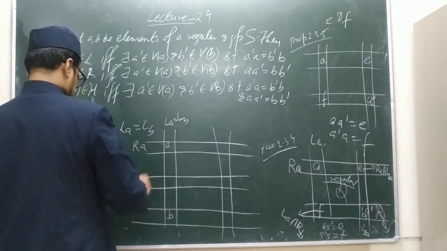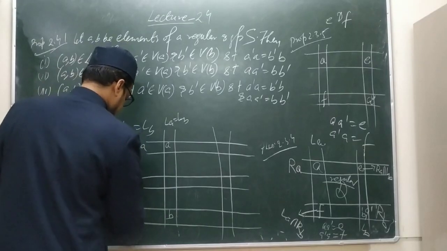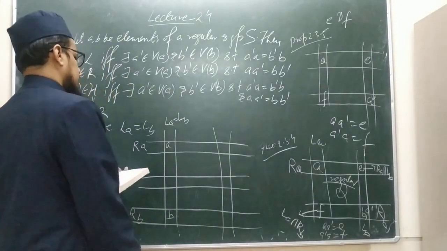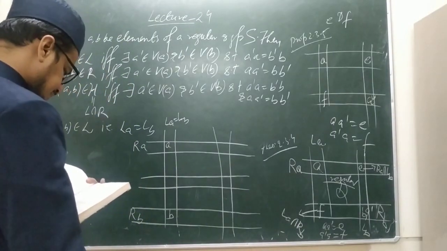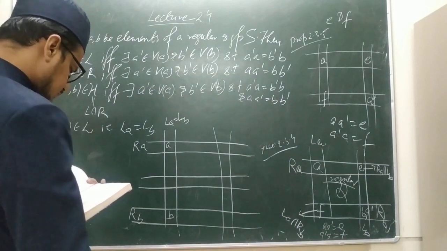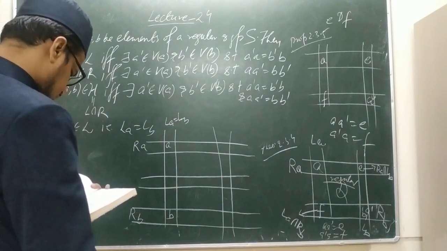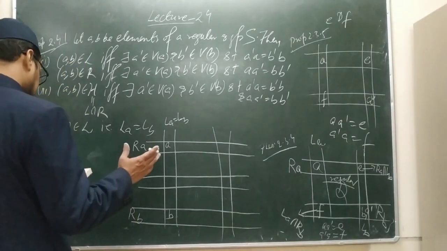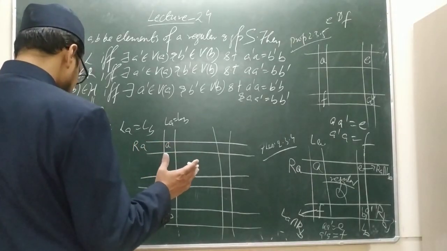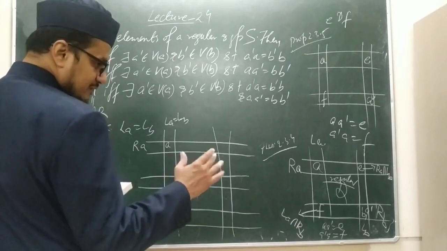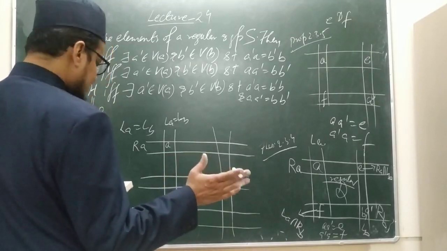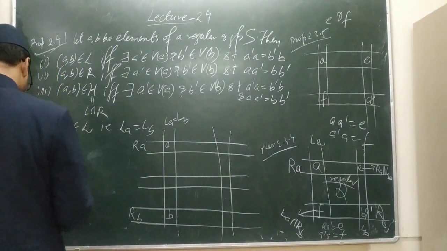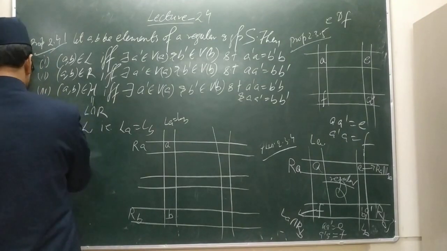This is RA and this is RB. Now, since A and B are regular elements, their inverses exist. At least one inverse exists, A' and B'. Correct. So we know that.